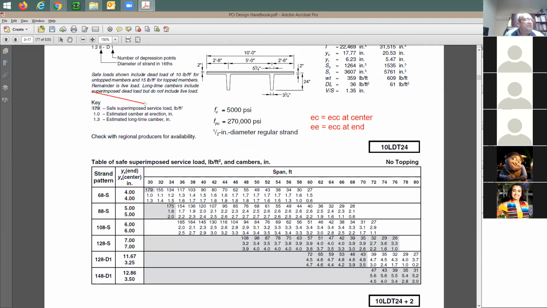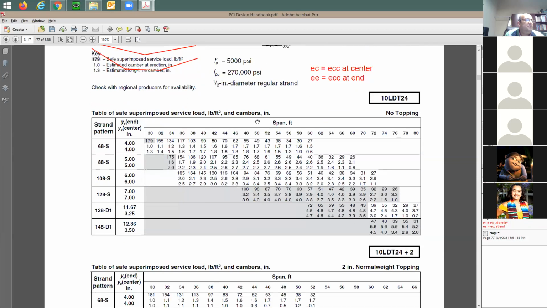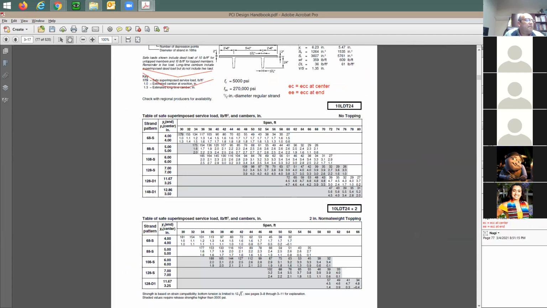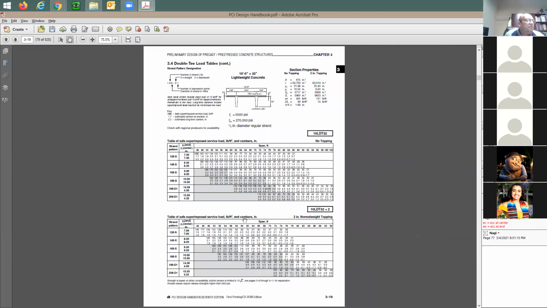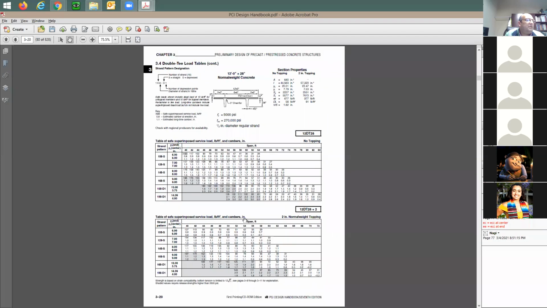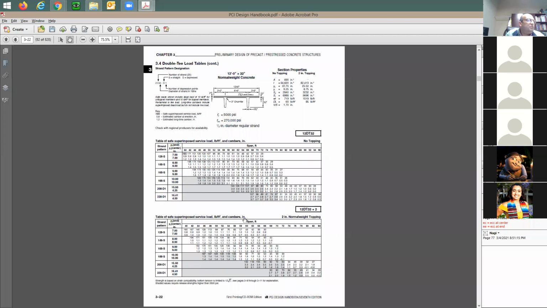Here's the beginning of the beam. It's not 2 points. If this equals 2, you're going to see it coming this way. Something like that. 1 versus 2. D1 is giving only 1 point. Usually in double T's it's giving only 1 point. You don't really need 2 points.